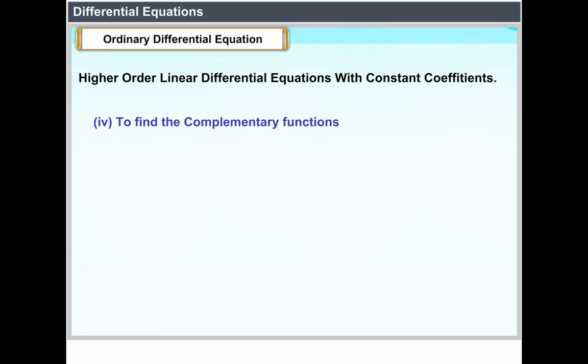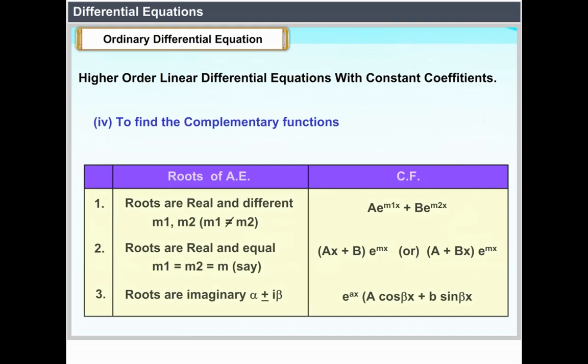To find the complementary function, we have to see the tabular column very carefully: roots of the auxiliary equation and the complementary function. Serial number 1: roots are real and different, m1 not equal to m2. Then the complementary function is a e^(m1 x) + b e^(m2 x).